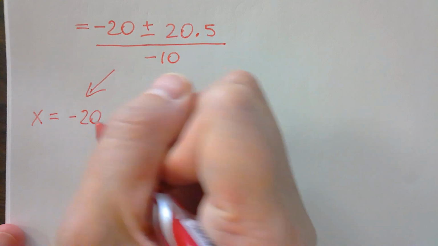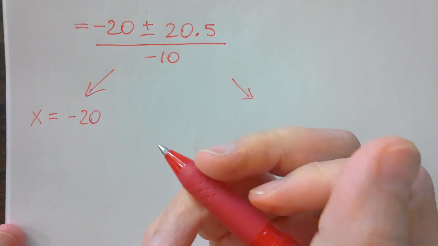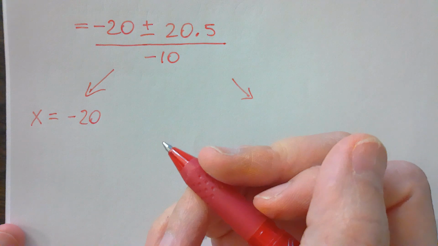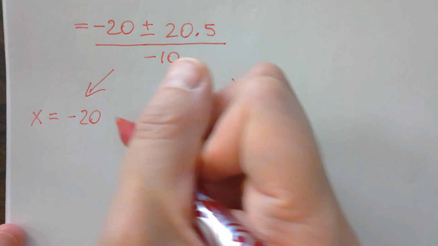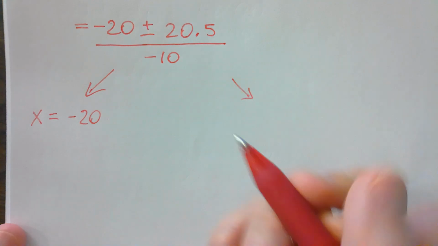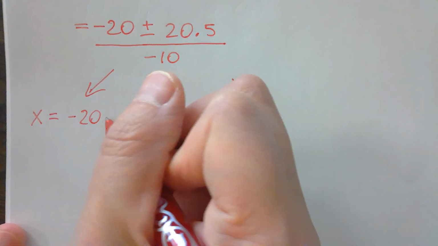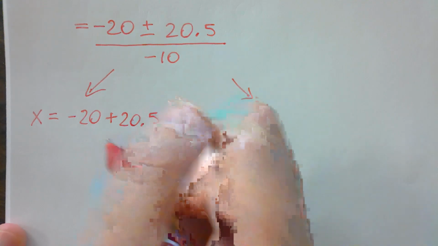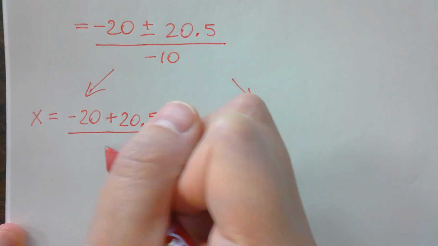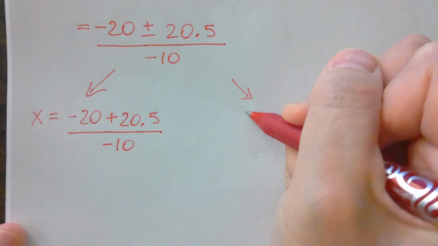Negative 20. Negative, yes. That's why I called on you. Negative 20, yep. 12.5 over negative 10. Good. And then the other one?